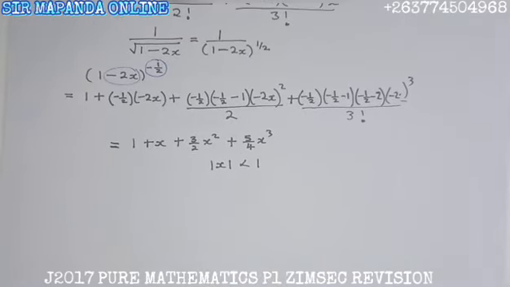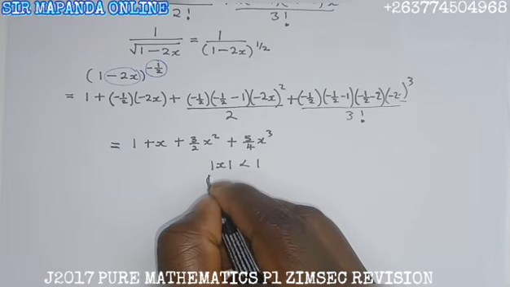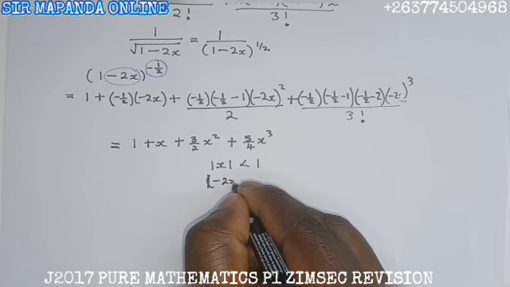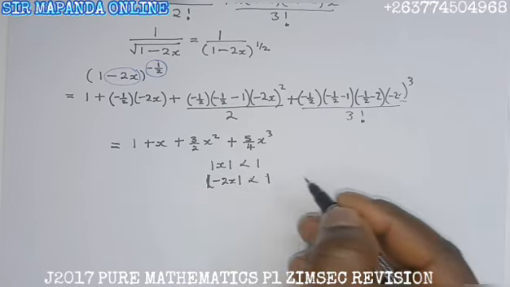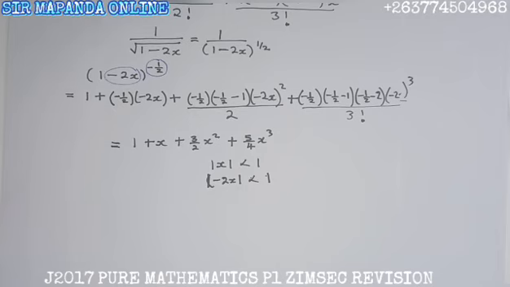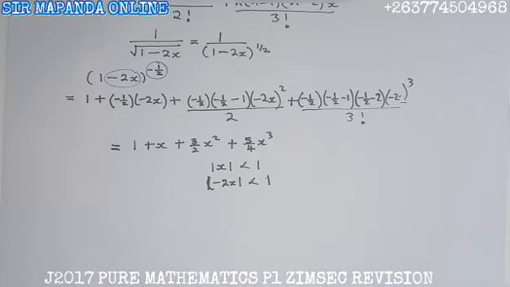The value representing x in our substitution is minus 2x. So you put minus 2x here in modulus, and you make it less than 1.